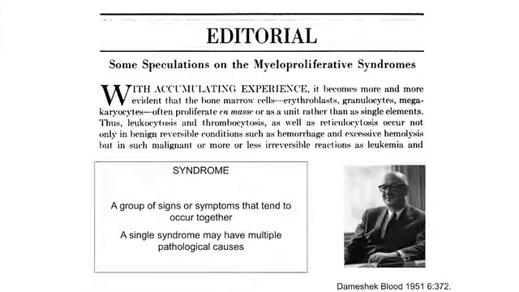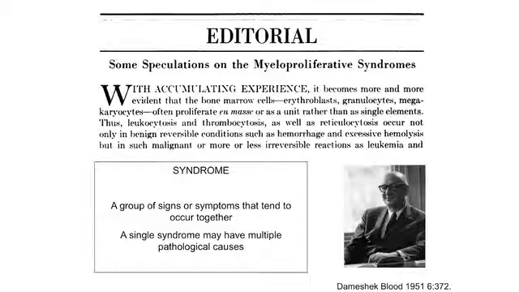He says here that in this group of diseases, the cells often proliferate en masse as a unit rather than as single elements. So an increase in white cells, an increase in platelets, and fibrosis in the marrow are seen in a group of diseases. And he lumped them together for the first time and called them myeloproliferative syndromes.